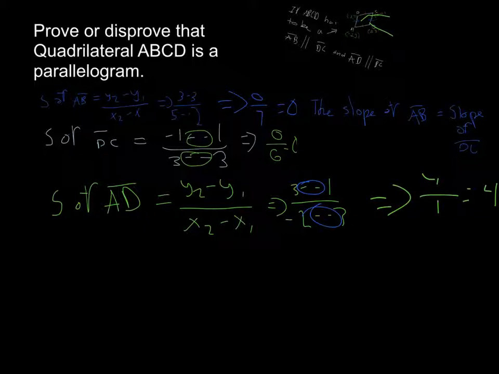And now we need to find the slope of the line segment BC. If we find this is equal, then we know that this is a parallelogram, because in a parallelogram, if the slopes of two lines are equal, the lines should be parallel. So now we should do the slope of line segment BC.